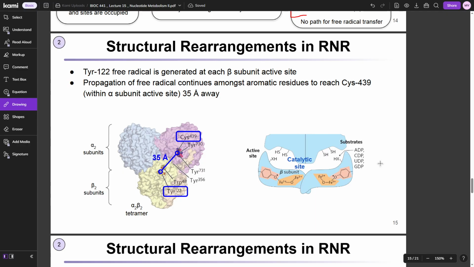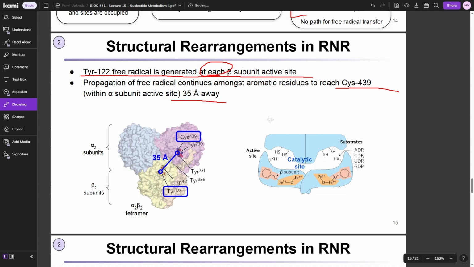Cool little piece of information about it. Not super important, I think. I think it's helpful to know the tyrosine free radical is generated in the beta subunits, in each beta subunit. And this is something you just gotta put in your note cards. The propagation of the free radical continues amongst the aromatic residues to reach this, and is 35 angstroms away.